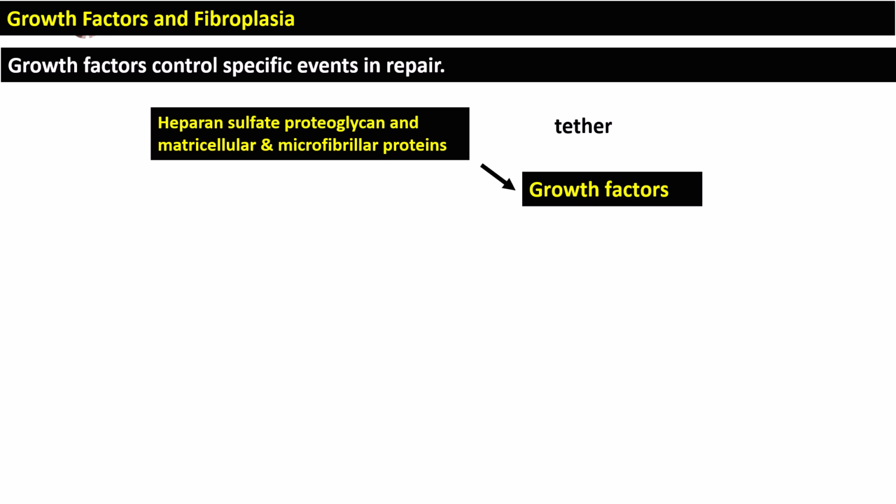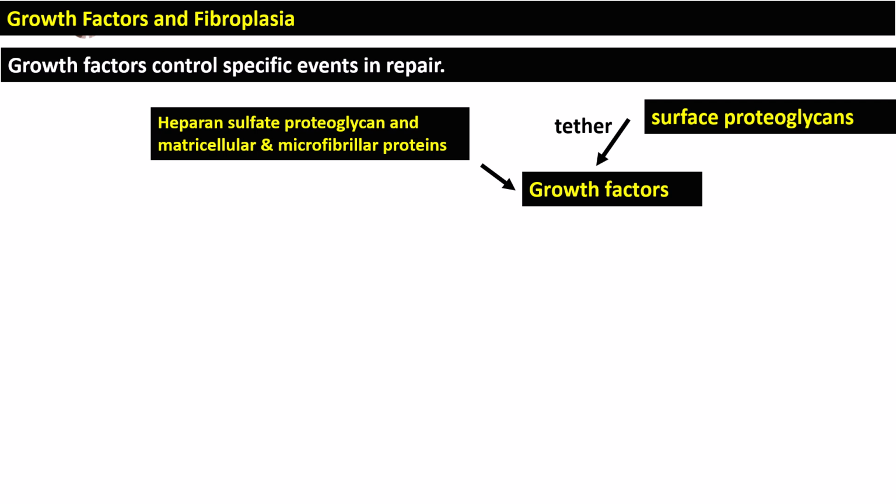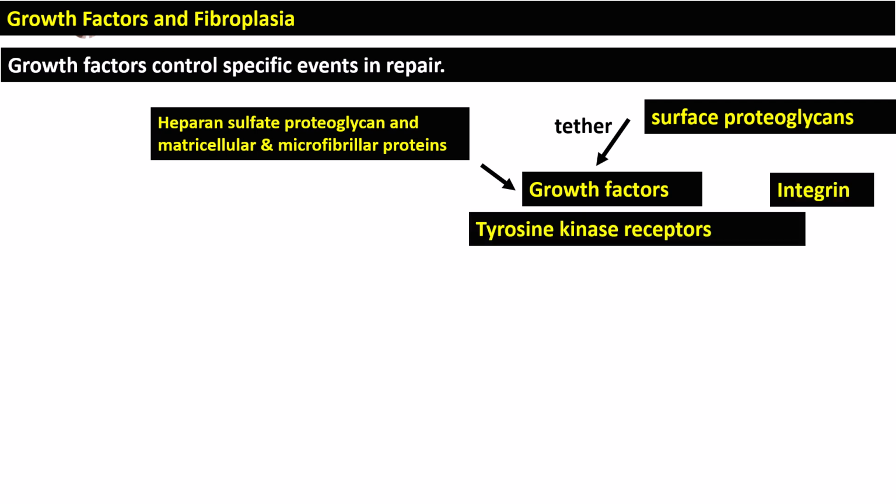They bind to growth factors and modulate their availability, enhance their effect by presenting them to cell surface receptors. They also provide biochemical context via integrin that link extracellular matrix with the cell interior signaling.